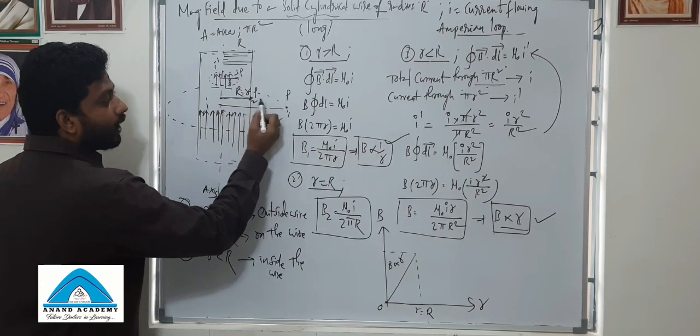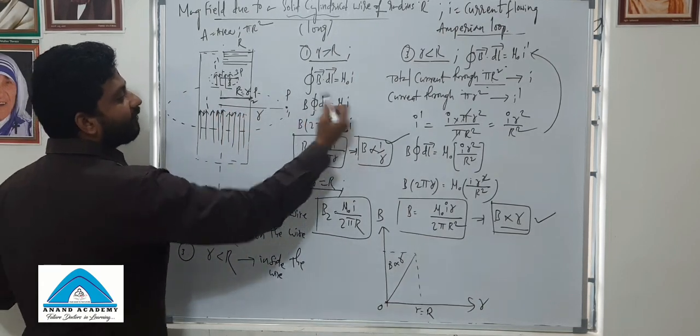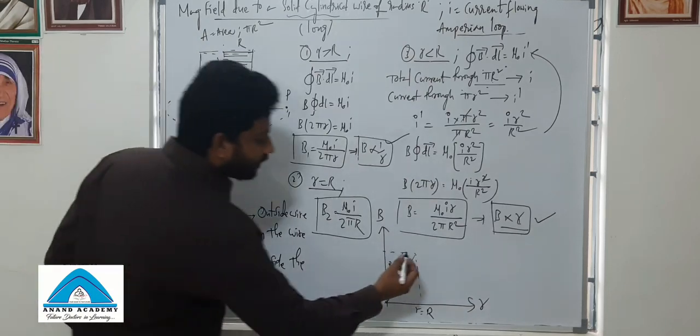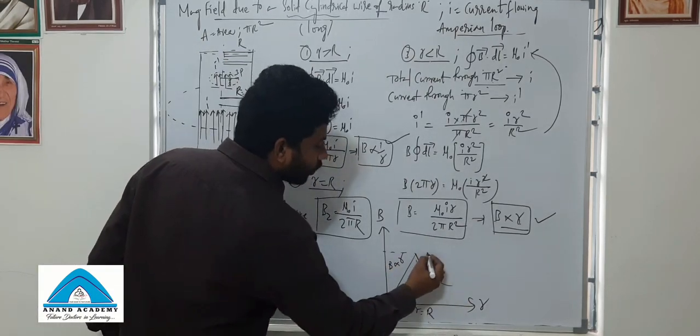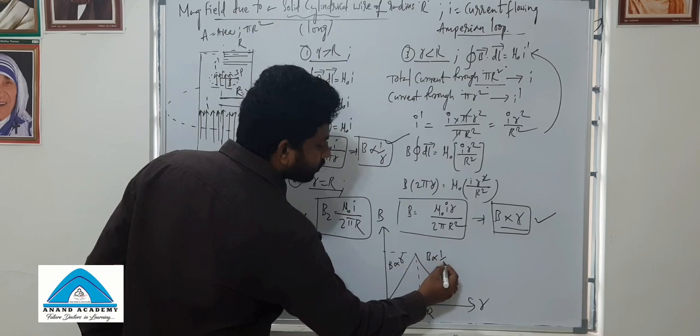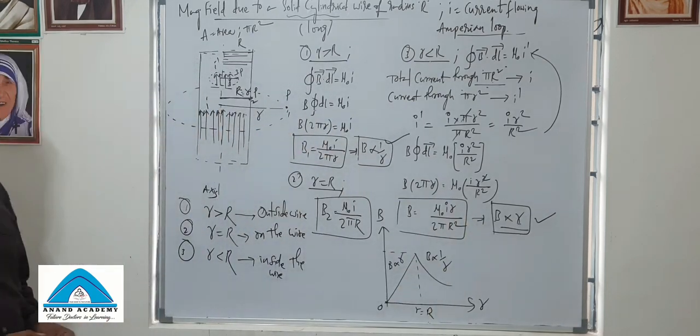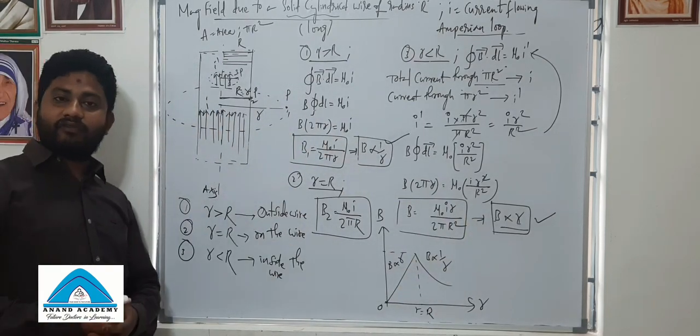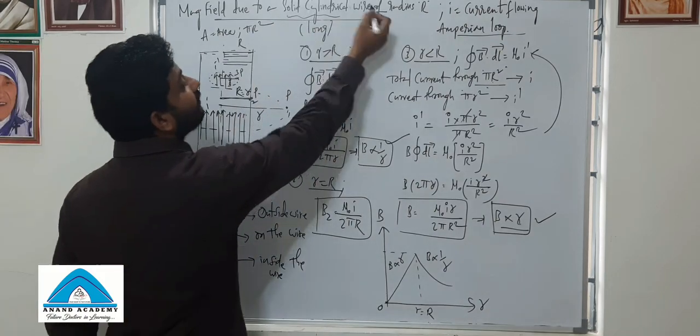And from the surface, when the point is taken far away, the B value decreases in this way, because B is inversely proportional to r. So this is the important graph for the solid cylindrical wire.